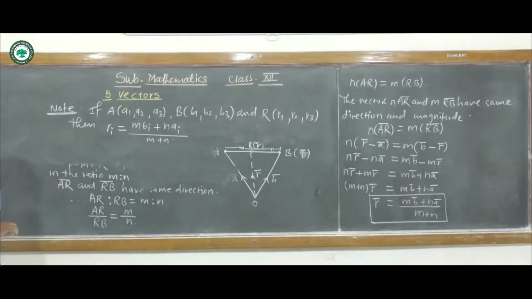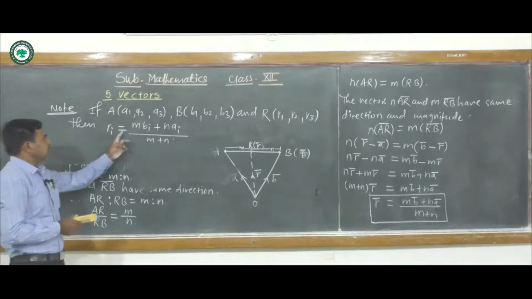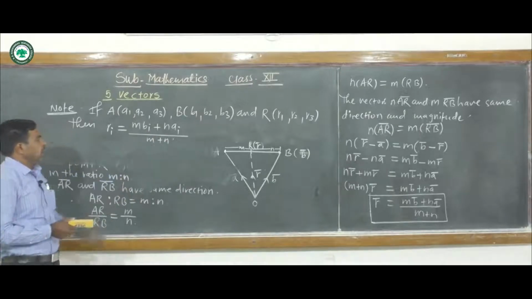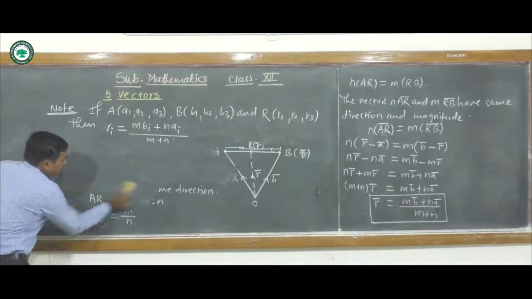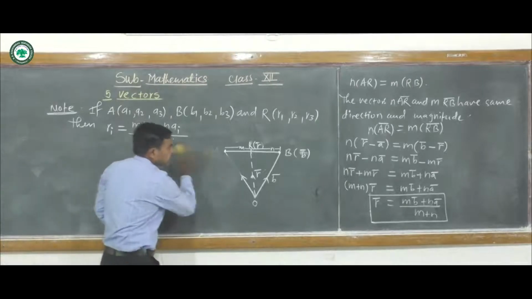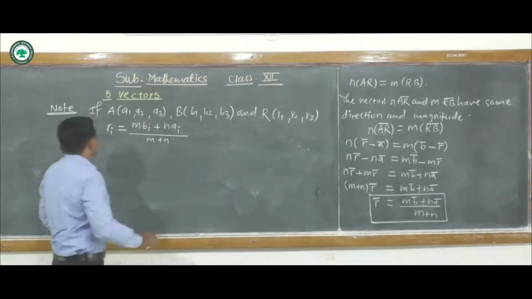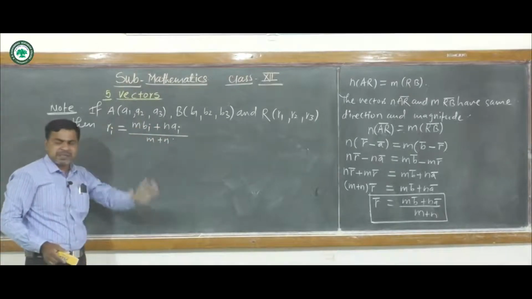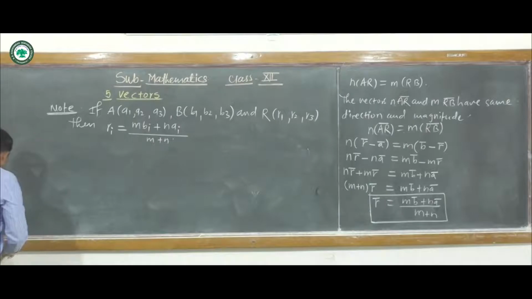So if you want to find R1, R1 is equal to (m into B1 plus n into A1) divided by (m plus n). If you want to find R2, R2 is equal to (m into B2 plus n into A2) divided by (m plus n). If we want to find R3, then R3 is equal to (m into B3 plus n into A3) divided by (m plus n). So in this way, the coordinates of point R can be found.